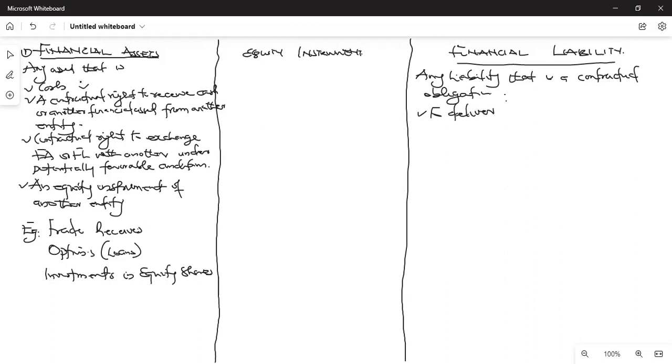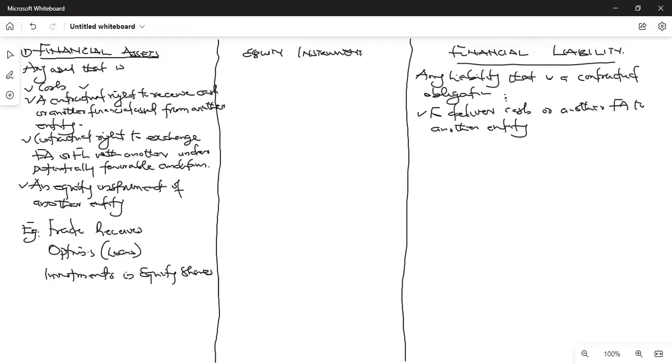Here we are talking about to receive cash, here we are talking about to deliver cash, right? Or another financial asset to another entity. So either you have the responsibility or the obligation to deliver cash or any other financial asset to another.